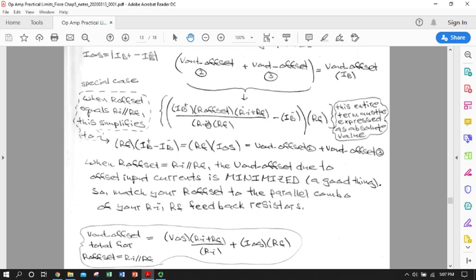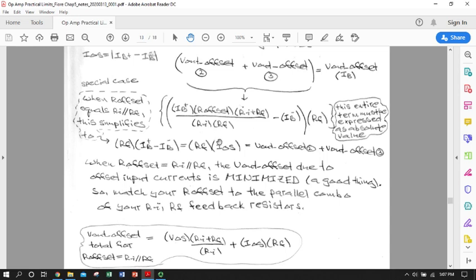And by definition, the minimum value that this term can assume, it can't really go all the way to 0, even though we can mathematically make it 0. We define the IOS as the value that this term assumes when you've optimized R offset. Like I said, you could set an R offset that makes this term disappear mathematically just from algebra, but there are other things that we're not including in this model.